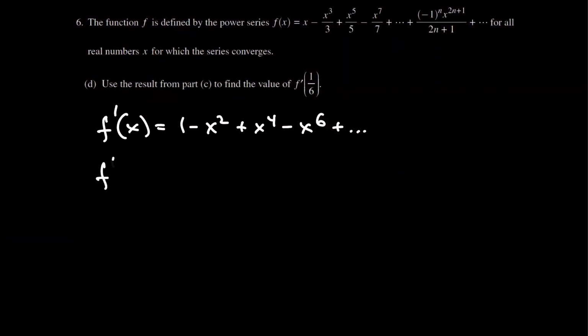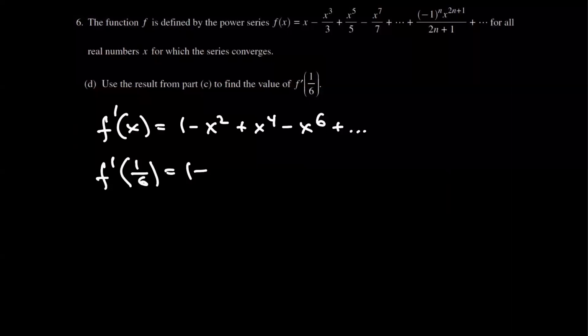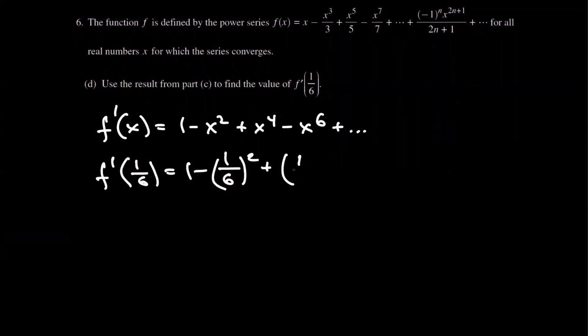So f prime at 1 over 6 is equal to 1 minus 1 over 6 squared plus 1 over 6 to the 4th power minus and so on.